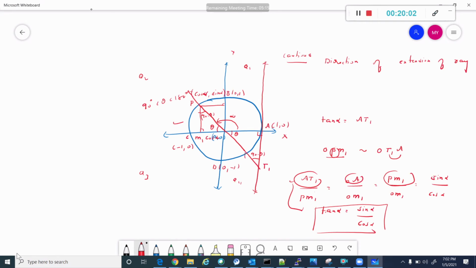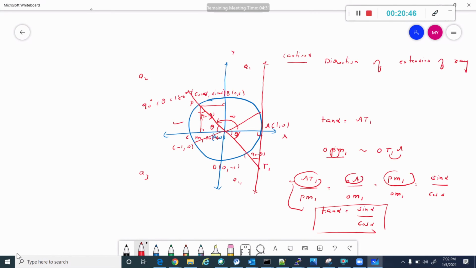Now we will rotate it through multiple angles. In the same diagram, I will show how tan theta behaves. Observe the tan theta value of this ray: if I rotate A to this point, along the same ray, the value will be the same.